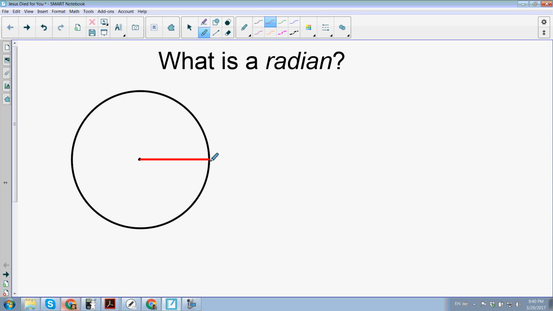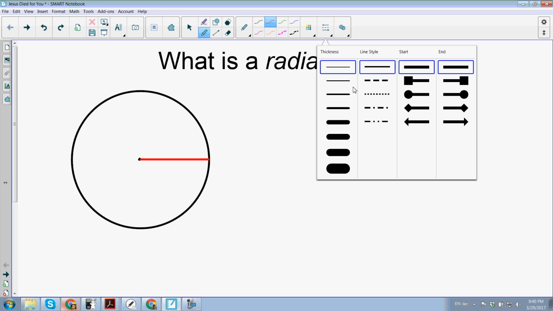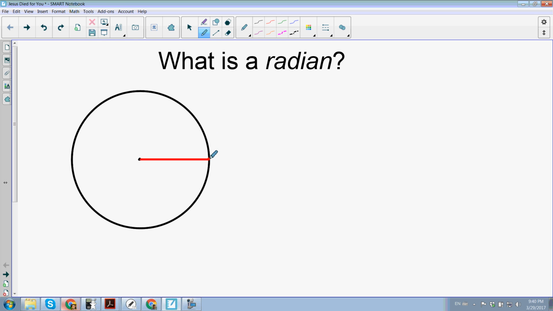Okay, well, then we take that string and we lay that string, let me make it a little bit thicker so it shows up better. We lay that string on the circle, just like so.